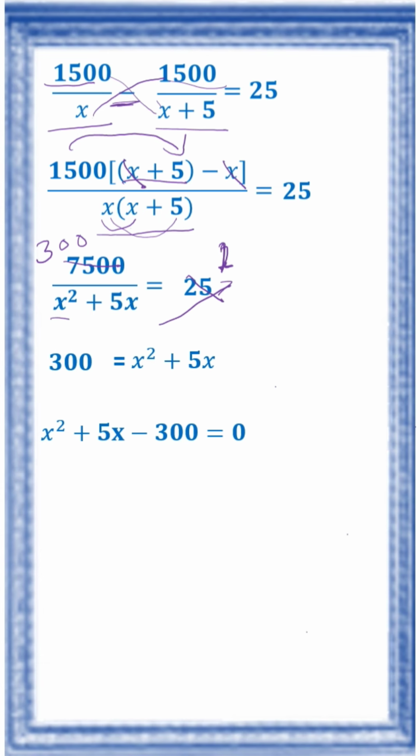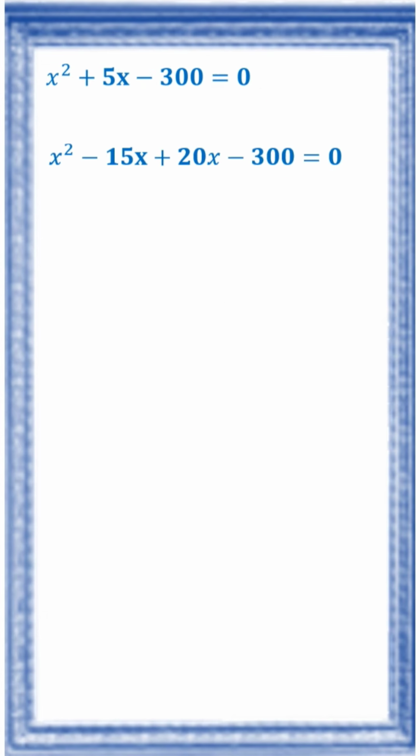Now let us write it in the standard form. Let us solve it by factorization method. How can we split? Minus 15 plus 20, that is equal to minus 300. If we add these two, you will get plus 5.